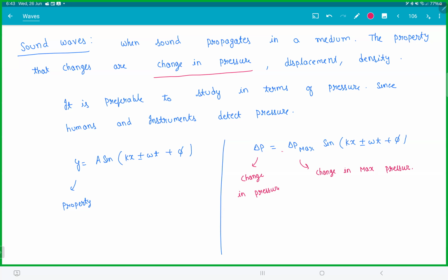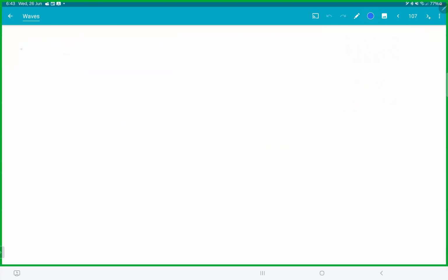What do you mean by that exactly? Let's say if there is no sound in the medium, the molecules are equally spaced, and the pressure in the region would be P naught, 10 power 5 Newton per meter square.